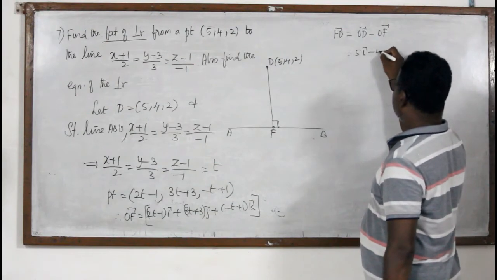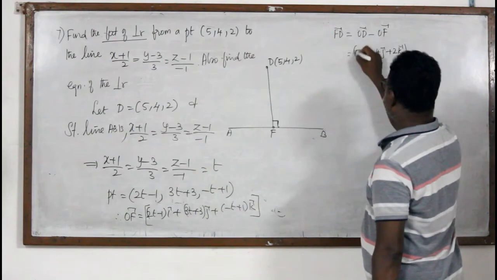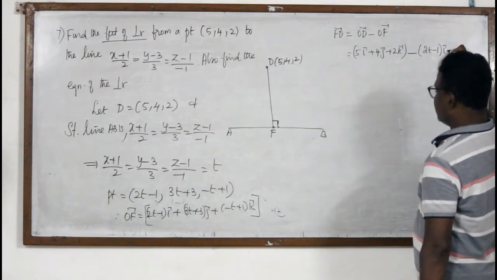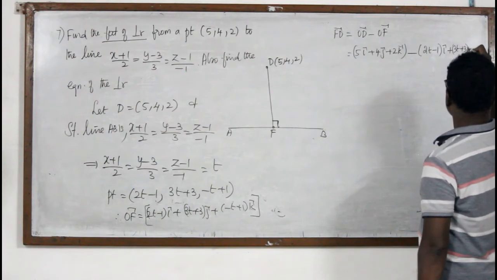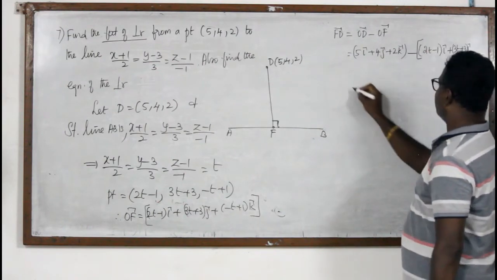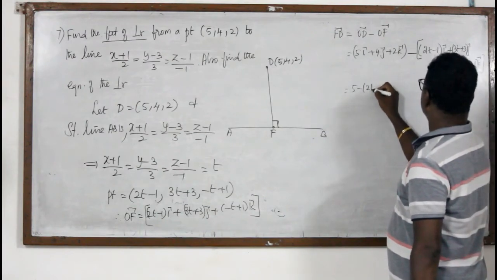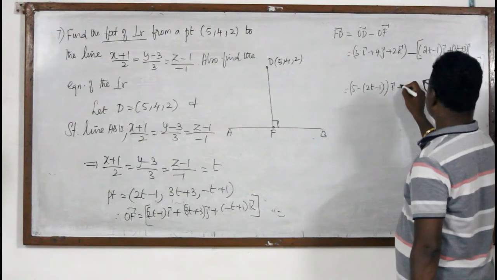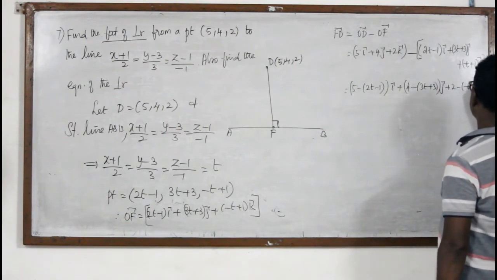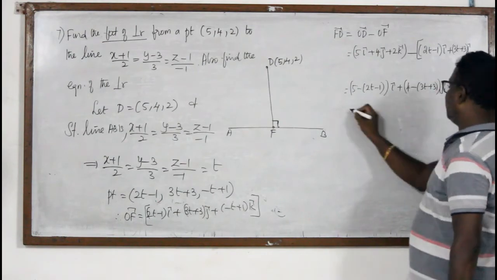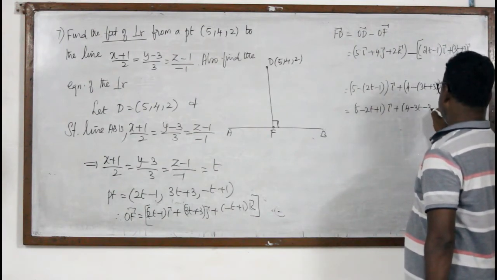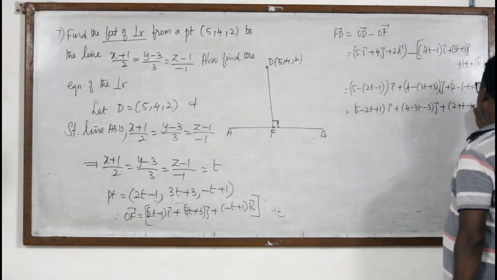OD is 5i + 4j + 2k, minus OF vector, which is (2t-1)i + (3t+3)j + (-t+1)k. Subtracting, we get (5-(2t-1))i + (4-(3t+3))j + (2-(-t+1))k. Simplifying, (5-2t+1)i + (4-3t-3)j + (2+t-1)k.